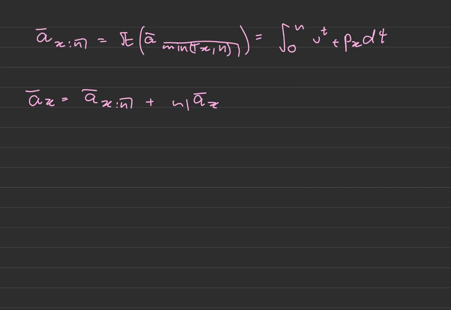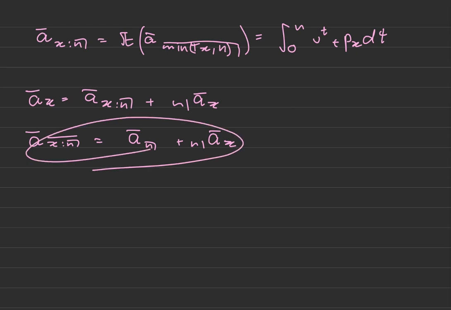Then another formula that's important is ā_x:n̅|, the bar there. So this is now a guaranteed annuity contract, which equals ā_n̅| plus n|ā_x. And I've explained similar formulas to this already, so I'm not going to do that.